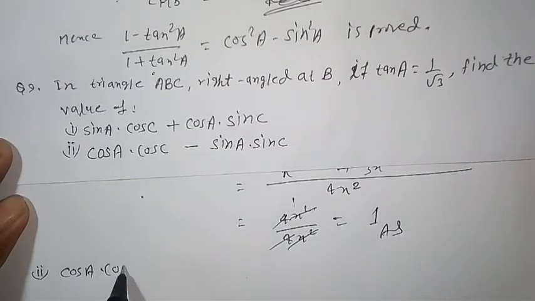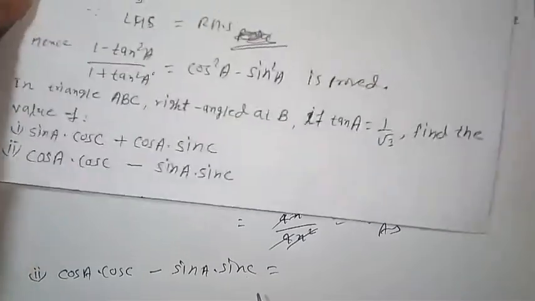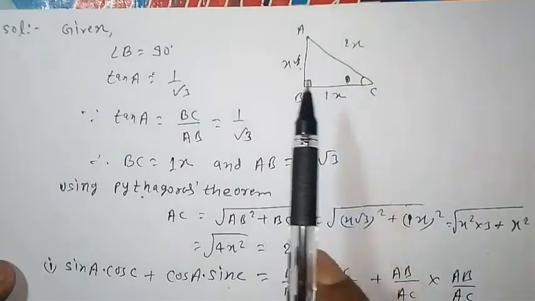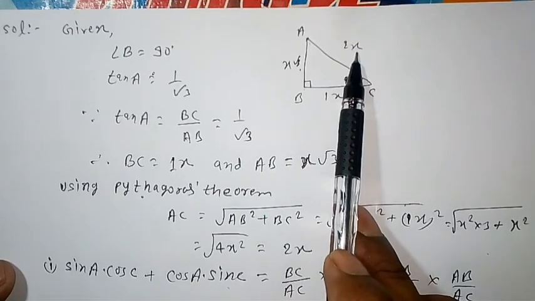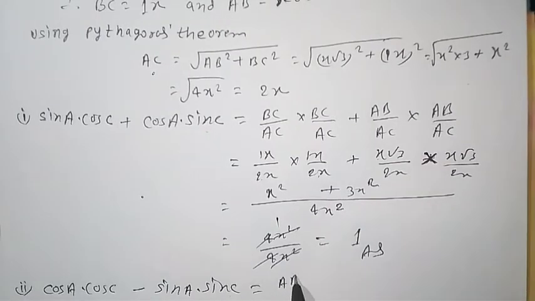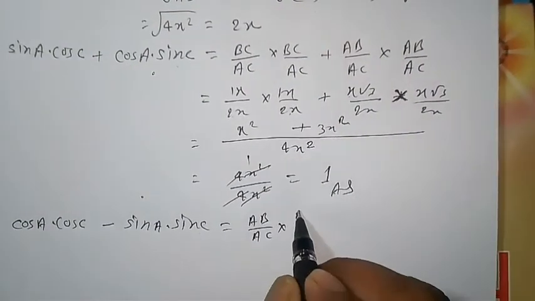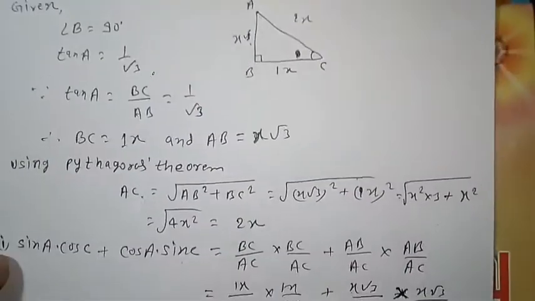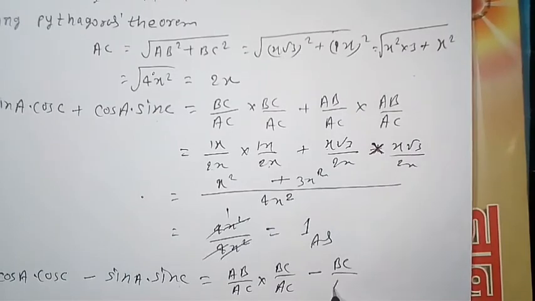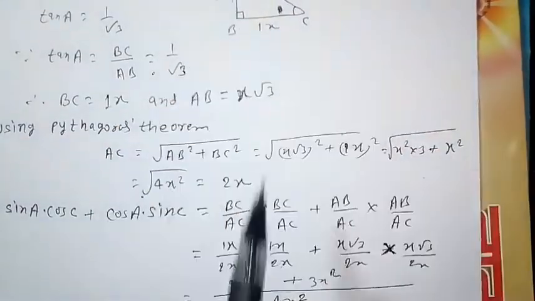Cos A into cos C minus sin A into sin C is equal to cos A, base by hypotenuse, it means AB by AC, into cos C, base BC by AC, minus sin A, perpendicular by hypotenuse, BC by AC, into sin C, perpendicular by hypotenuse, AB by AC.